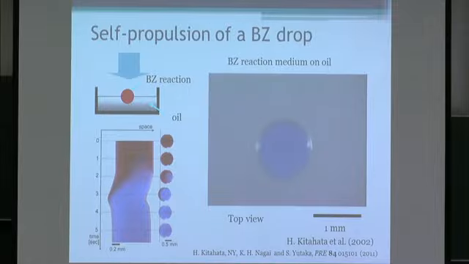So this is a water droplet in oil, floating on the oil, and this droplet contains some chemical reaction, which is called the Belousov-Jabotinsky reaction. And following this, a wave appears inside the droplet and moves forward and backward.